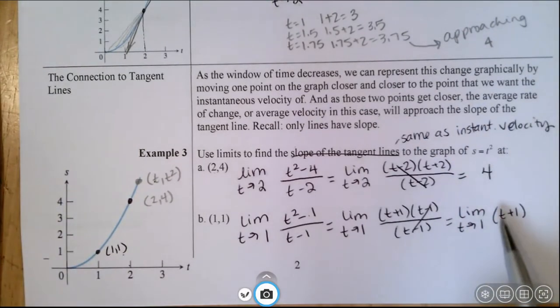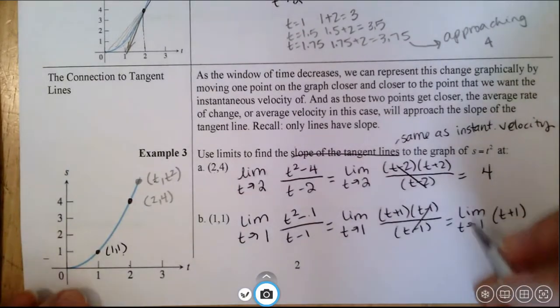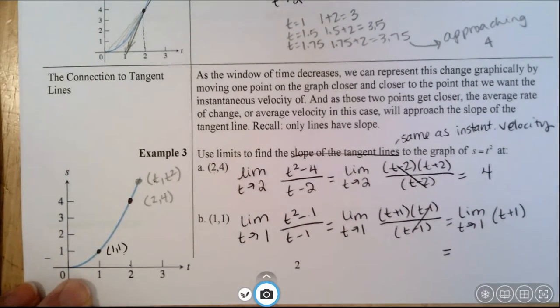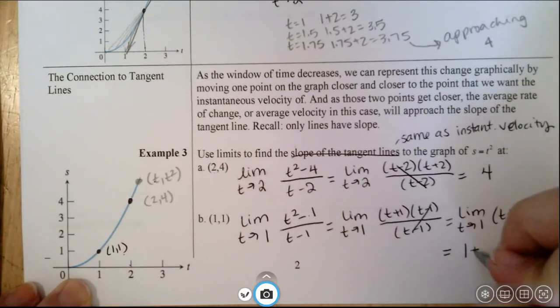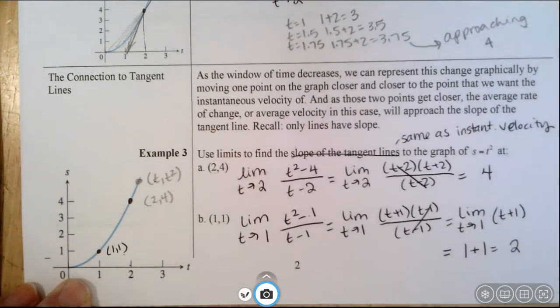Well, just like before, if we substitute in values of t that get closer and closer to 1, what we find is that since this is continuous, we would get 1 plus 1, which is 2.